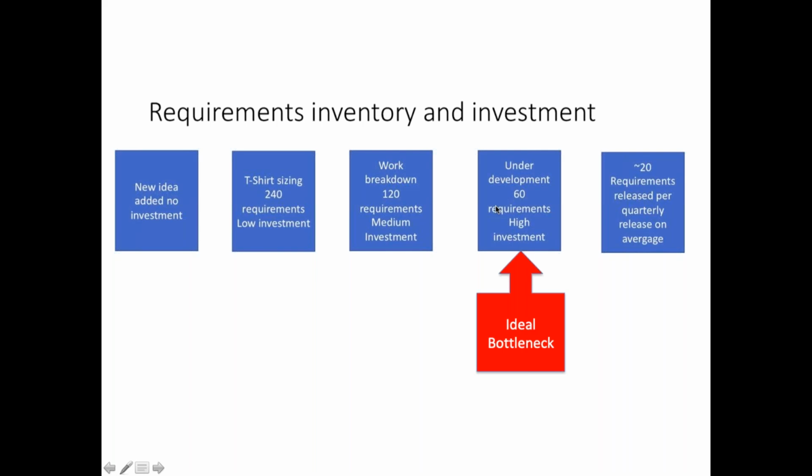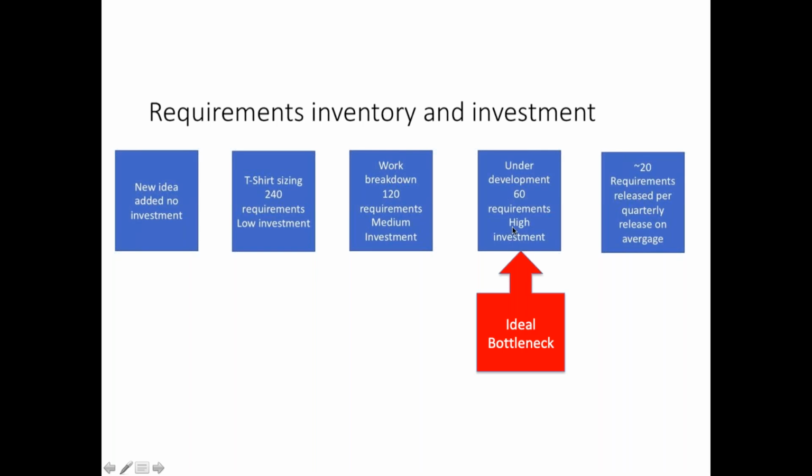And to make this process more efficient, what we need to do is look at the release process and the developers. And we don't want to pull any more work into development until it's been released out of the system. And we don't really need to do a whole lot more work breakdown and pull developers off of developing these features when I've already got more work under development.